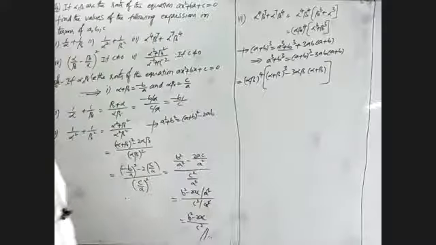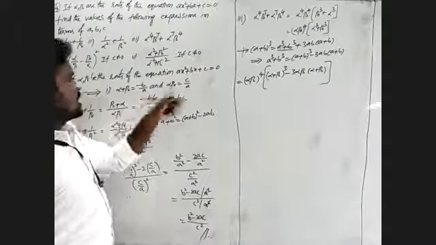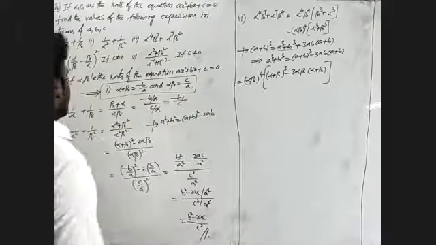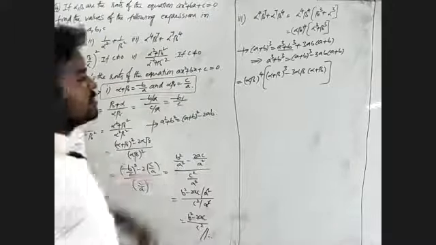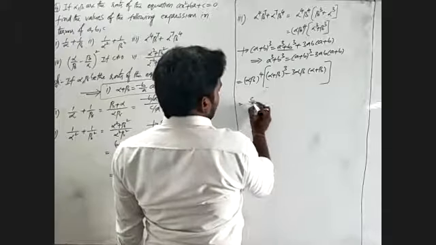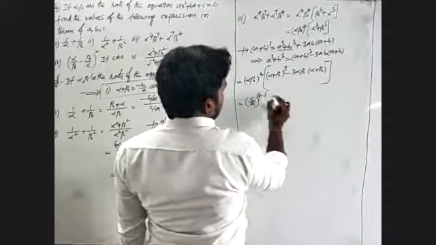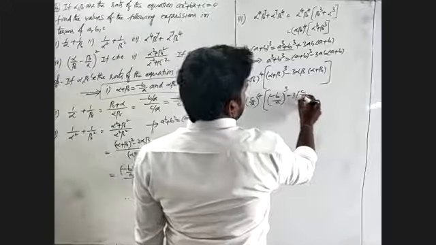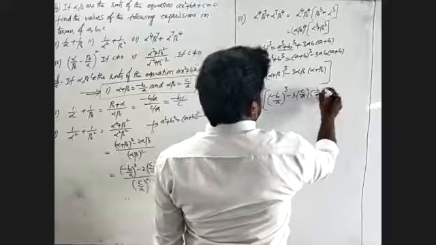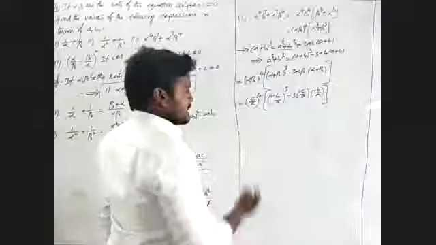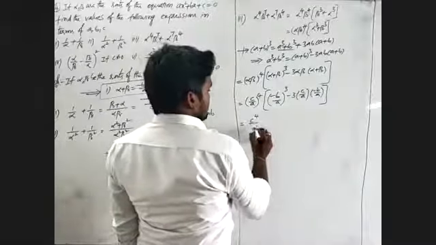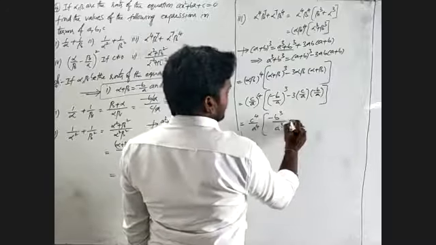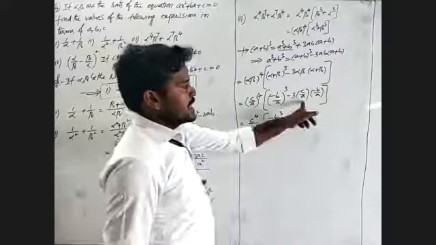We know the values of alpha plus beta and alpha beta. Alpha beta is nothing but c by a, so I will write c by a whole power 4 into minus b by a whole cube minus 3 into c by a into minus b by a. Expanding, c power 4 by a power 4 into minus b cube by a cube, minus into minus becomes plus, a into a square.